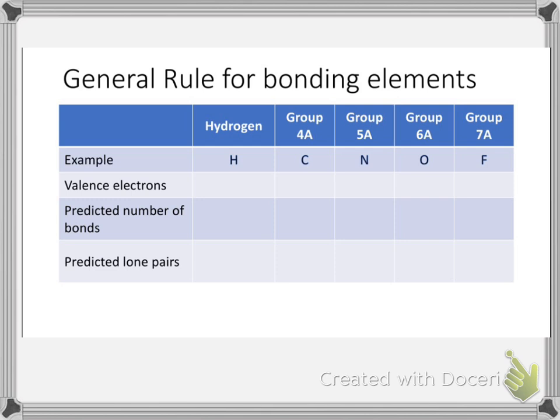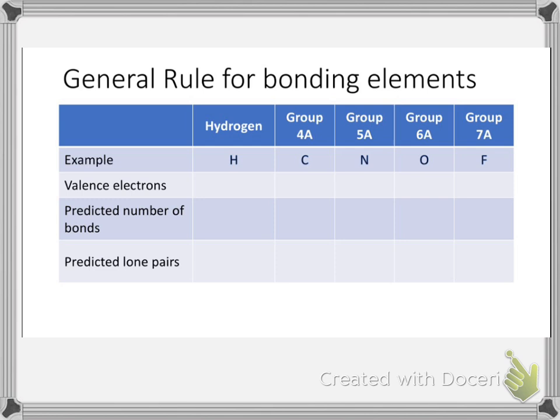That's because these are metals, and metals don't form covalent bonds, so they're not a part of this discussion. Metals with nonmetals like to form ionic bonds. So we're going to look at hydrogen, which is never an exception, and then we'll look at examples of group 4A, 5A, 6A, and 7A, the nonmetals.